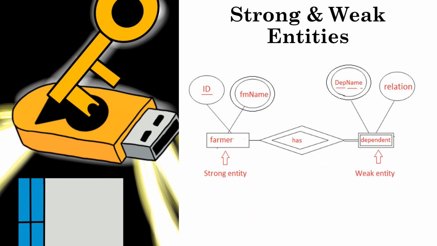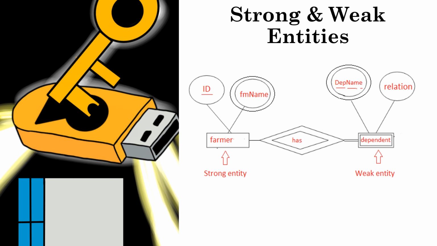Continuing our previous example, we have farmers, which is a strong entity, and the primary key is ID. However, another entity which is dependent is our weak entity. This is a weak entity since its existence is dependent on another entity, which is farmers.